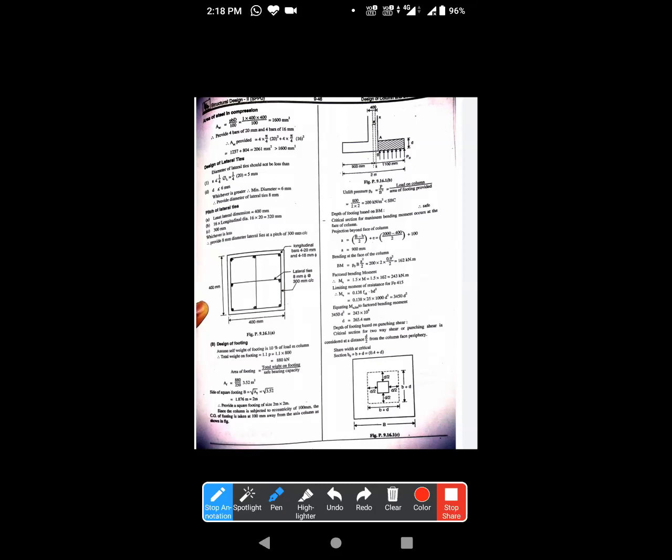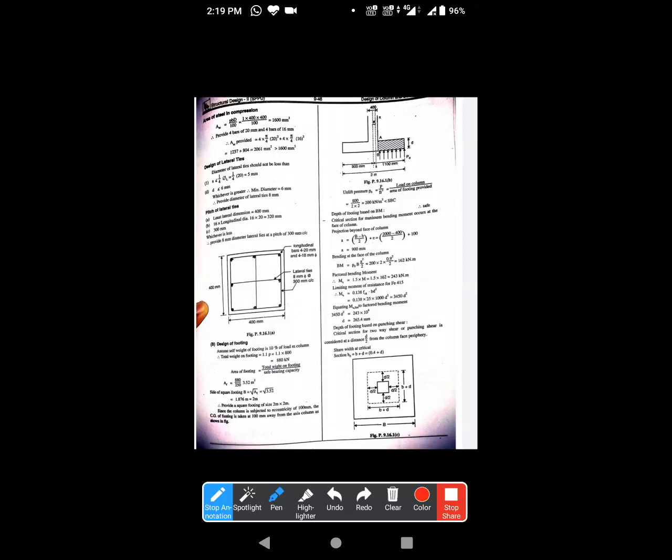Since in the question it is said that you have to go for a uniaxial square short column, the side of the square is B, so area is B square. The area you have calculated here, therefore you can find B as the root of area, which is 1.876, and approximately we are going to take 2 meter.